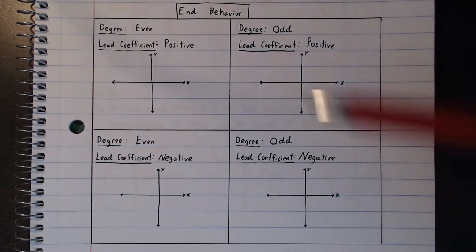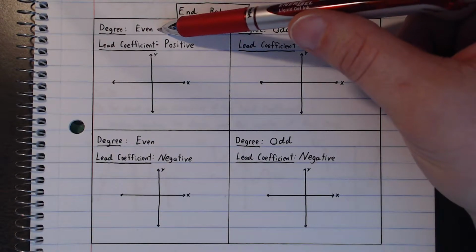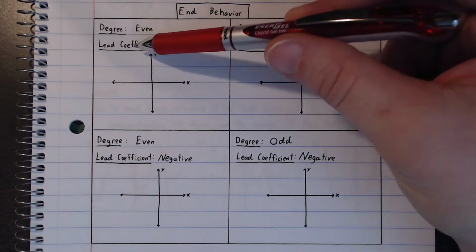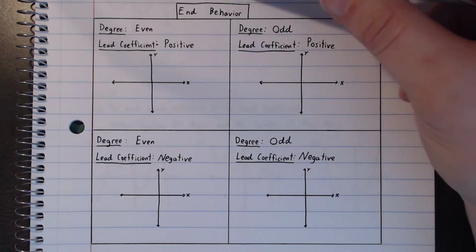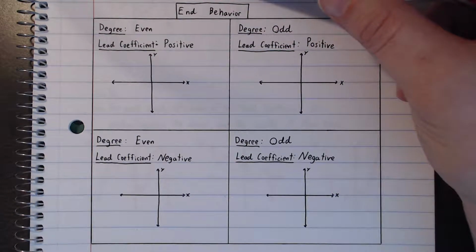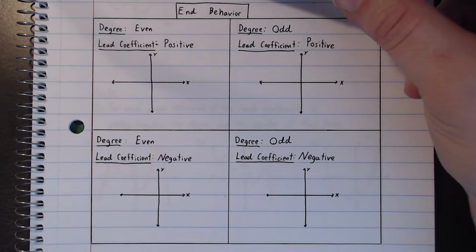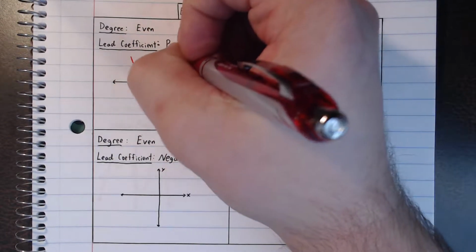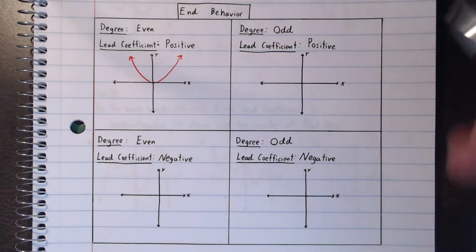Okay, our first one is if we have an even degree, right? Our power up here is something like 2, 4, 6, 8, 10, okay? And our lead coefficient is positive, right? We have a positive number in front. That's going to give us this general shape. Okay?